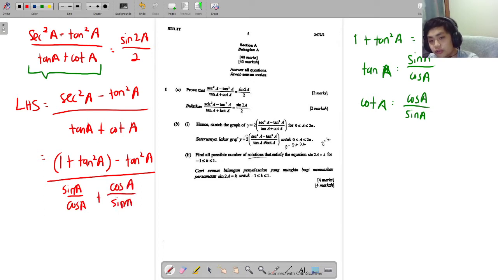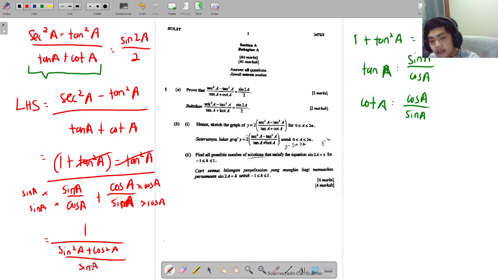So for the top part of the fraction, we can cancel these two out, so we are just left with 1. And for the bottom part of the fraction, we can multiply them to make the denominator the same. So on this side I multiply by sine a, and on this side I multiply by cos a. So I'll have sine² a plus cos² a over sine a cos a.